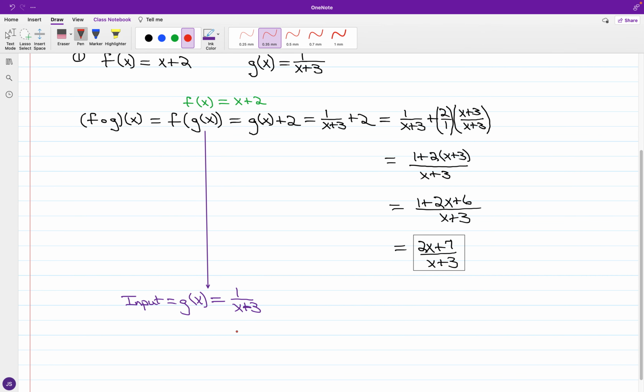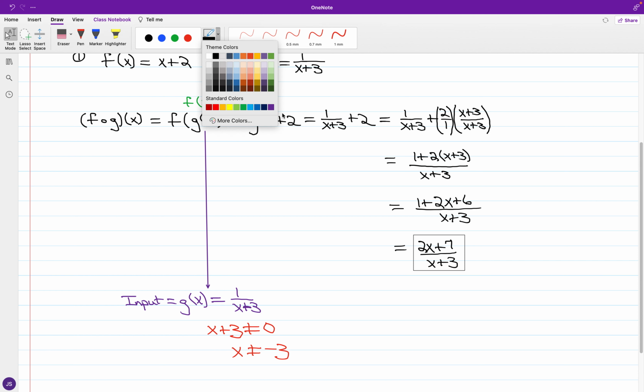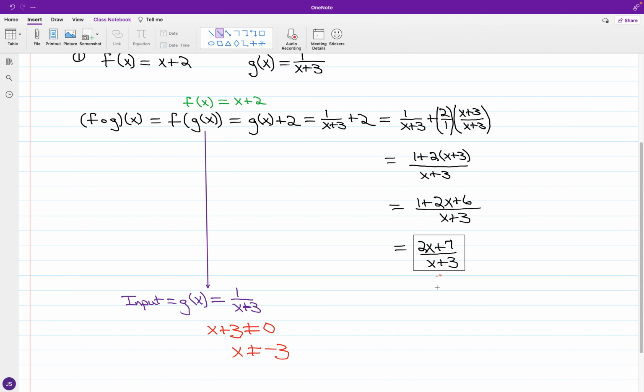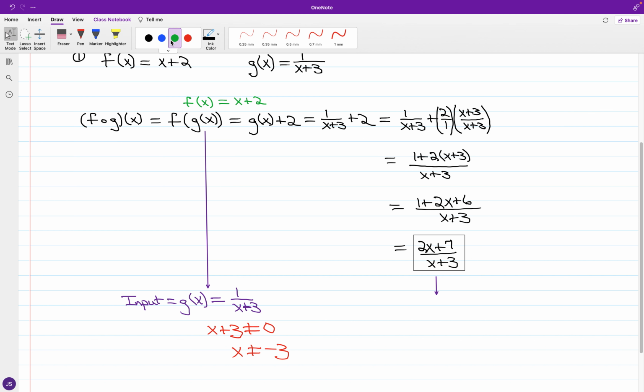In terms of restrictions, we have a fraction, so the denominator cannot be 0 in value. So x cannot be negative 3. Now for the output, that's just going to be the composition itself.